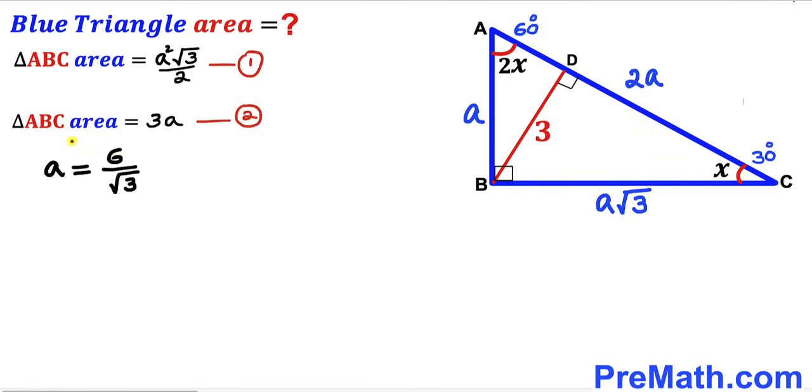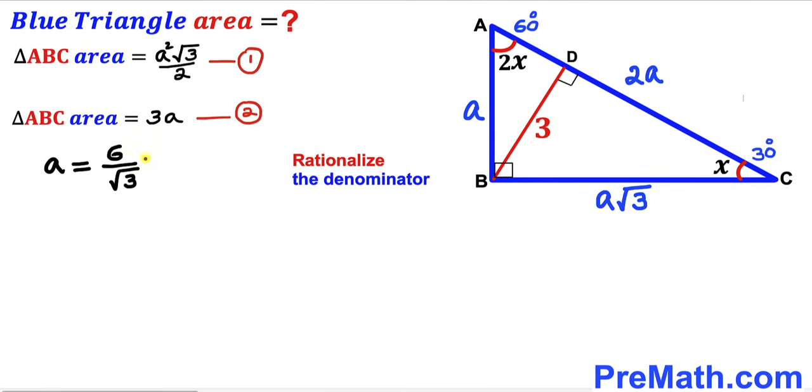So thus our lowercase a value turns out to be 6 divided by square root of 3. And now we are going to rationalize this denominator by multiplying by square root of 3 and dividing by square root of 3 at the very same time. And here we could see square root of 3 times square root of 3 is going to give us simply 3.